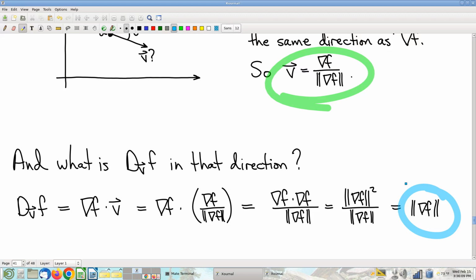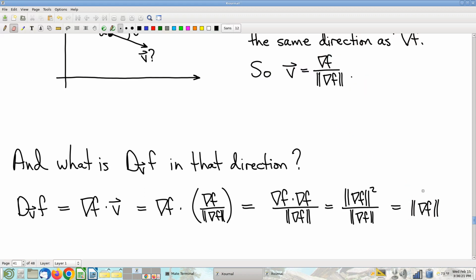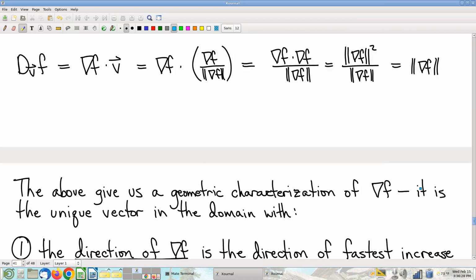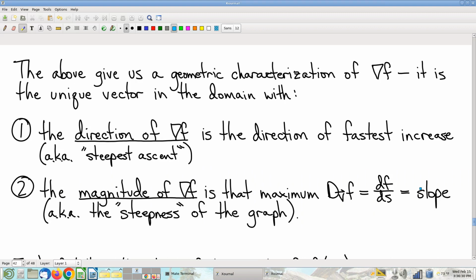Weirdly, the gradient kind of is the answer to both of these questions. To the direction question, the direction of the gradient. To the magnitude question, the magnitude of the gradient. So I like to rephrase this whole discussion not as a couple of questions and their answers, but rather as what I like to call a geometric characterization of the gradient itself.